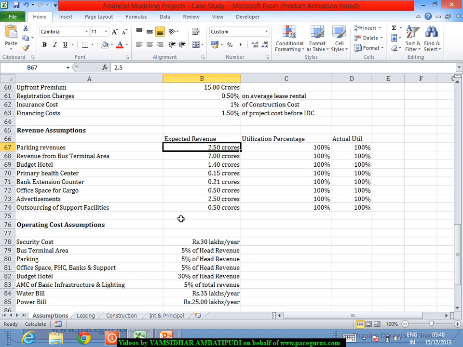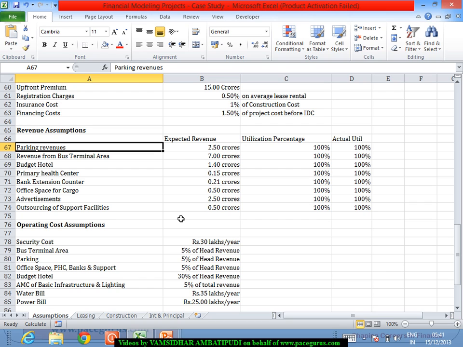So assuming all that background work has been done, I'm starting at this layer, saying these are the various sources of revenue as of the current prices. As of the current prices, I am saying these are the sources of revenue under the assumption of 100% utilization.